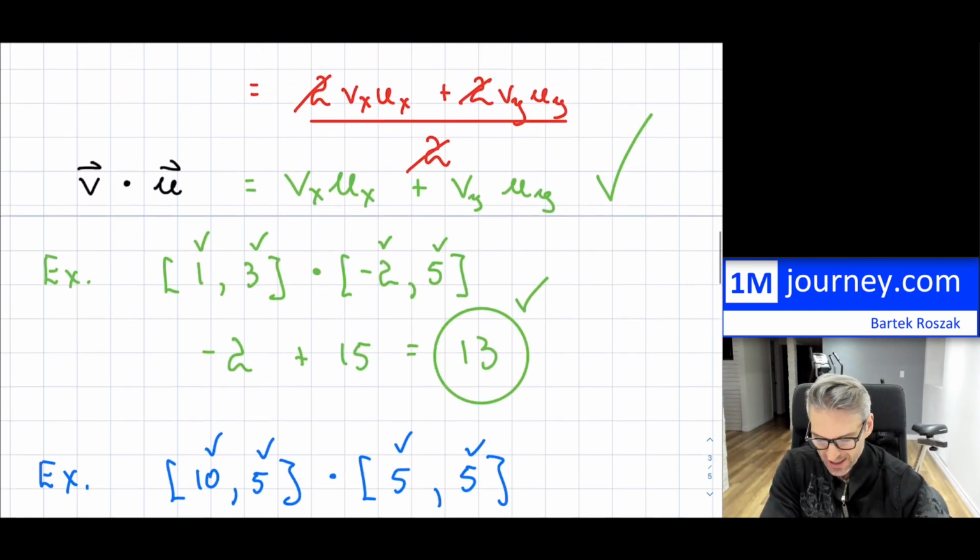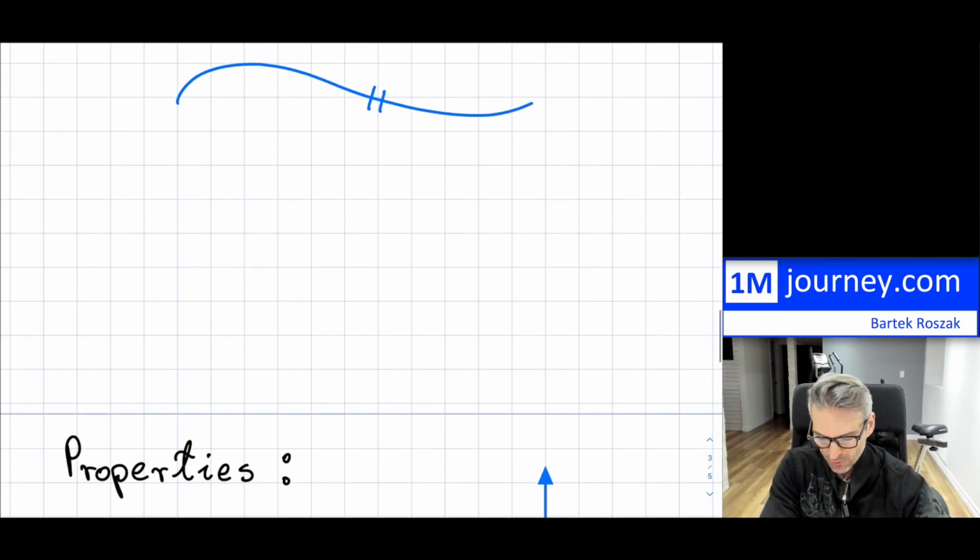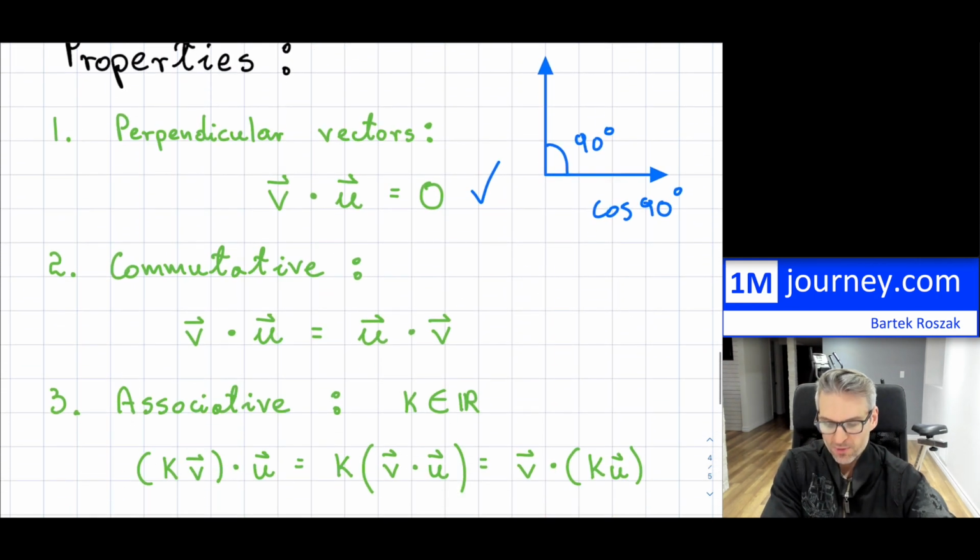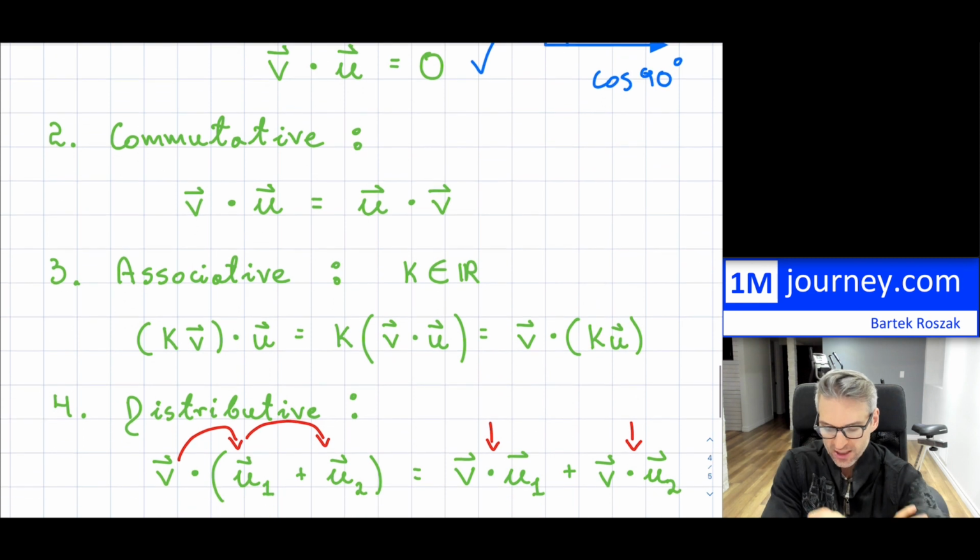And then lastly, I gave you the properties right here, and that was the perpendicular vector property. So the dot product is 0. The commutative one, we can swap the dot product, so we can swap the vectors. We can have an associative property with respect to multiplying by a scalar k. So you can bring it into the vector, or you can take it out.